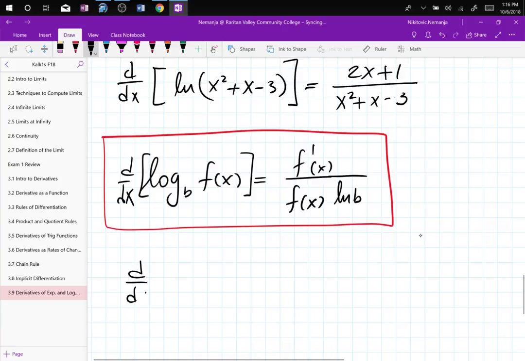So the derivative of log base 3 of cosine x, whatever.